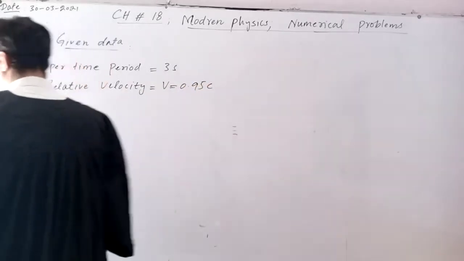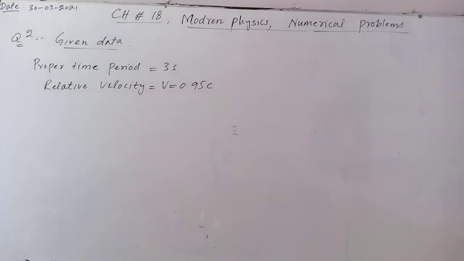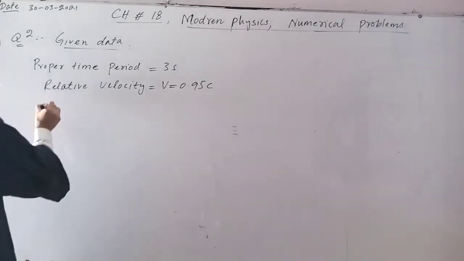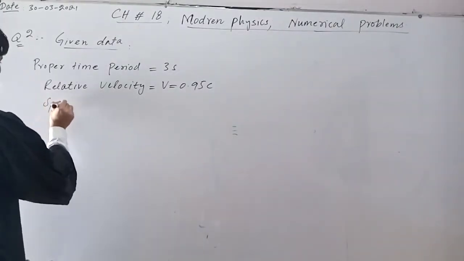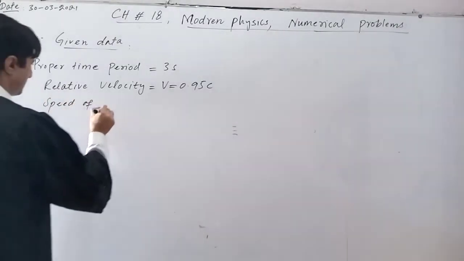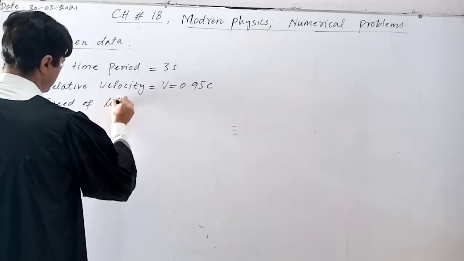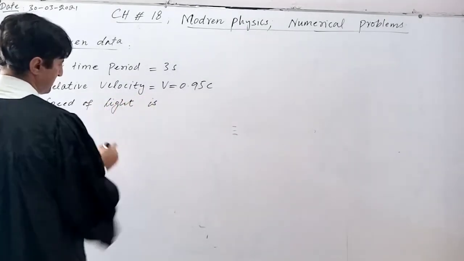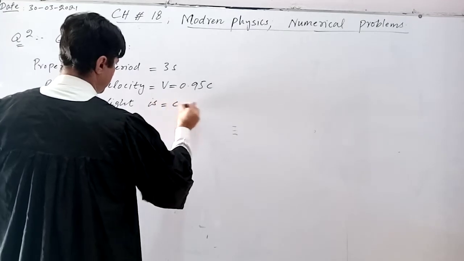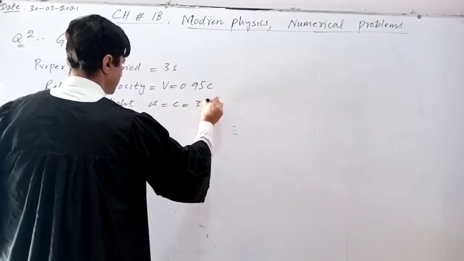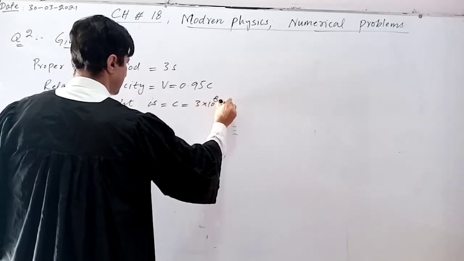Remember, this c represents the speed of light. The speed of light is c equal to 3 multiplied by 10 power 8 meter per second.